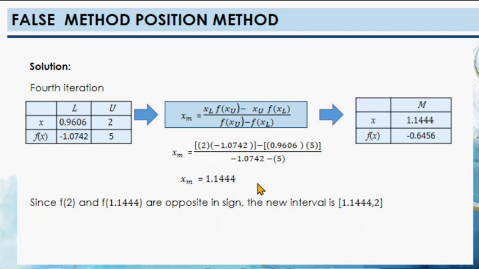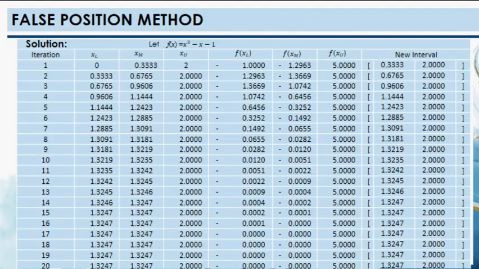So, dahil meron na tayong x sub m, makakapag-solve na tayo ng f of x sub m natin, and that will give us negative 0.6456. So, since f of 2 and f of 1.144 are opposite in sign again, so the new interval is 1.144 and 2. So, paulit-ulit lang siya, class.